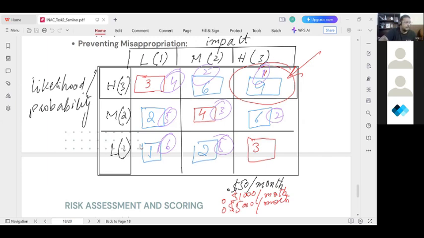Okay, you're asking how we are going to categorize whether the risk has high impact or low impact. Yes, please. Okay.